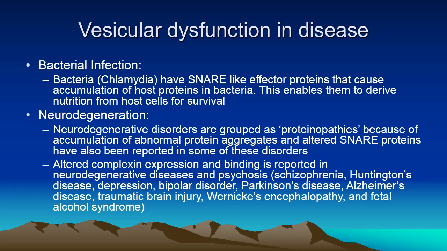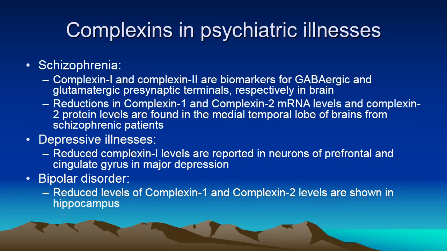So they are camouflaging by utilizing the same system which is present in the host. Second is the role in neurodegeneration. We will see in detail how neuropsychiatric, neurodevelopmental and neurodegenerative disorders have some changes in transport proteins and trafficking.